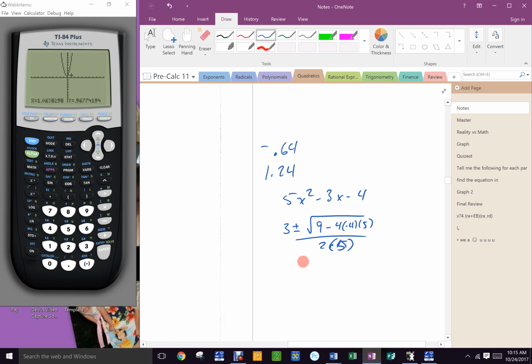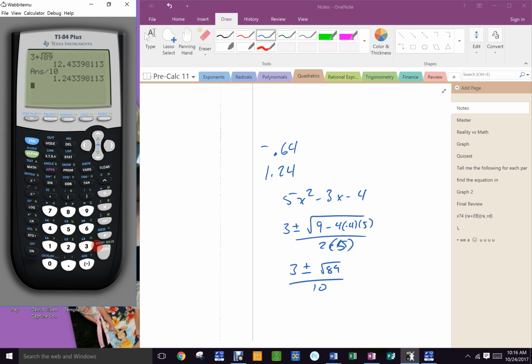Yes? 3 plus or minus the square root of 89 over 10, right? Three plus square root 89 divided by 10. 1.24, 1.24.